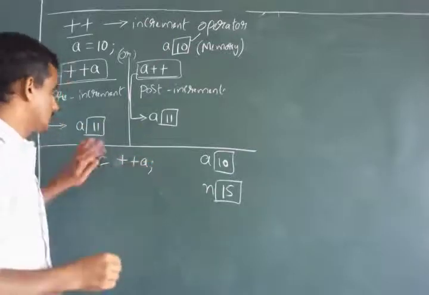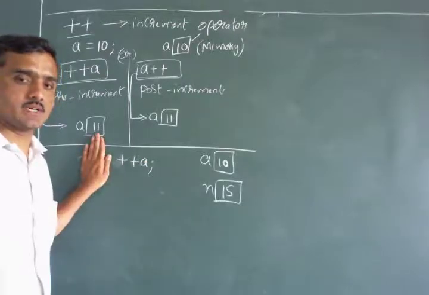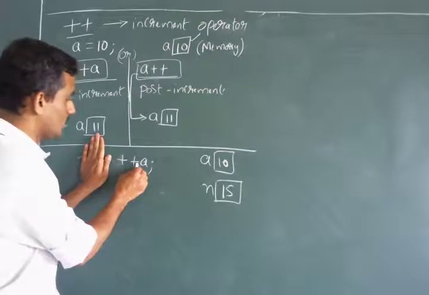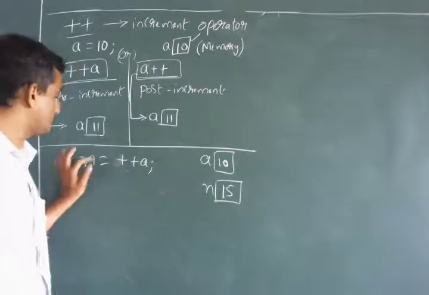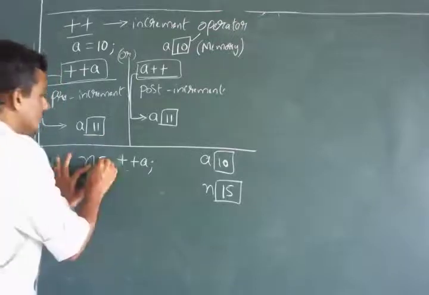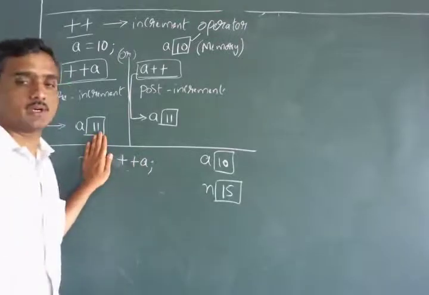You don't worry about this. You have to understand the pre-increment process. The plus is before the variable. With respect to variable A you have to consider the plus, not with respect to n. So plus means pre-increment.